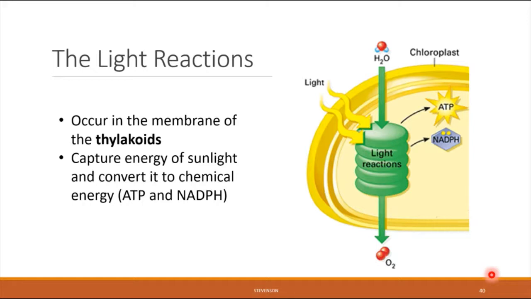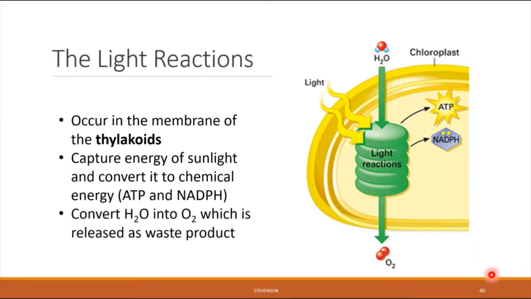But its purpose is the same. It carries a very temporary form of energy. We can also see that in the light reactions, water is taken in. Of course, plants get that from their environment, and they convert that into oxygen, which is released in this case as a waste product of the process.